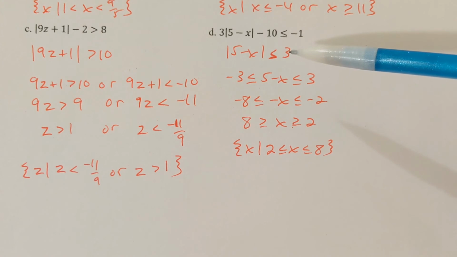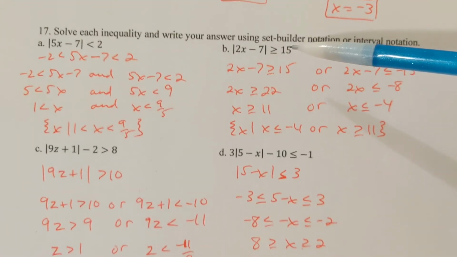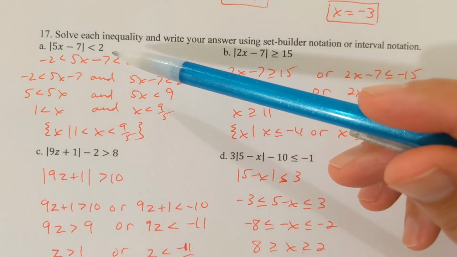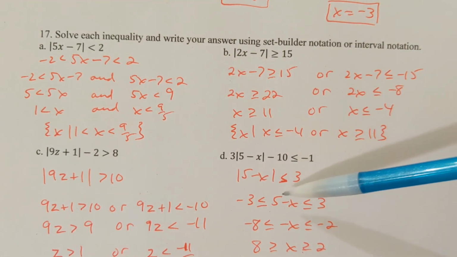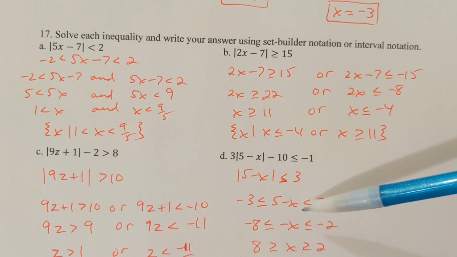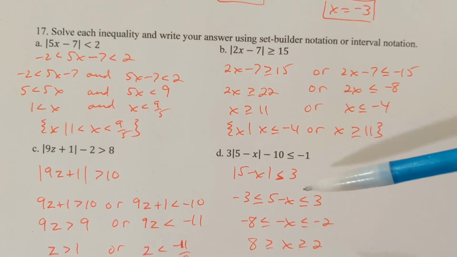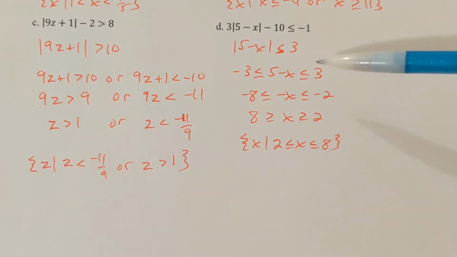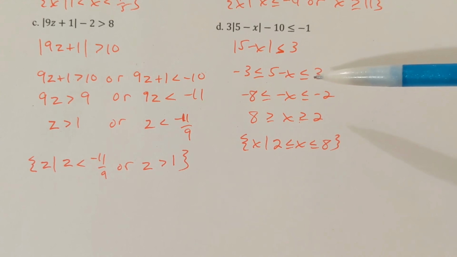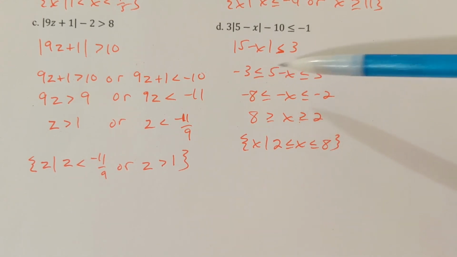If the sign is facing away from the absolute value, I know that and is going to be a key word here. My three-part inequality: negative 3 less than or equal to 5 minus x less than or equal to 3.